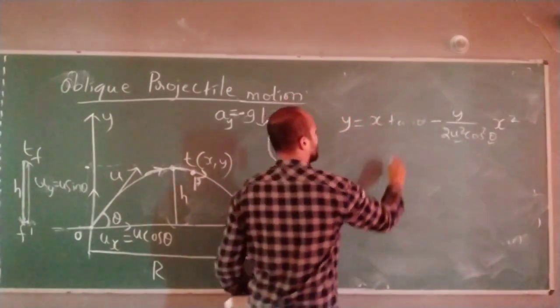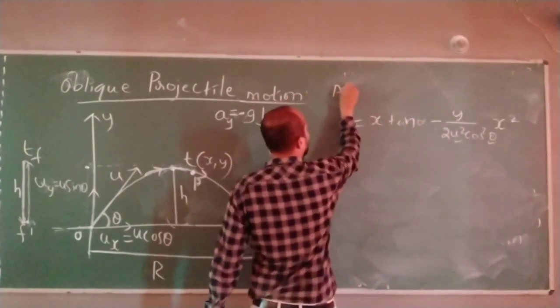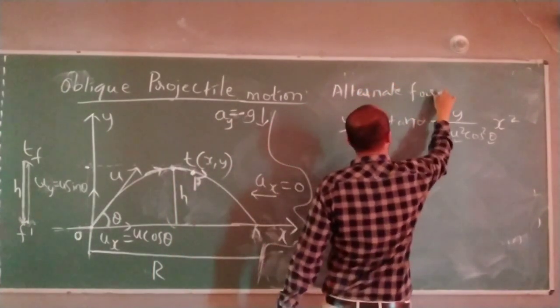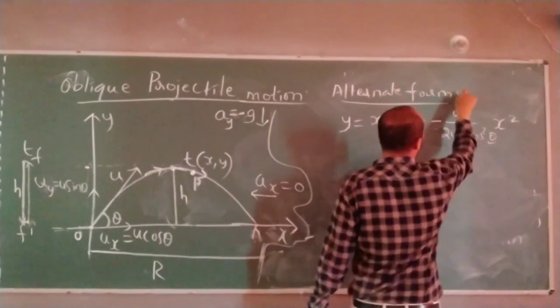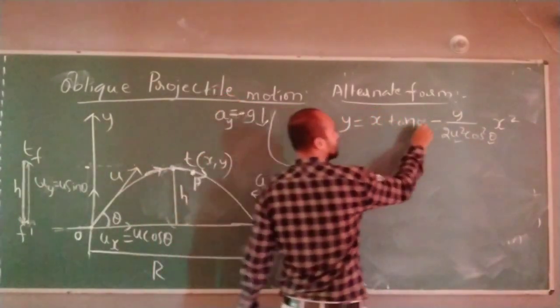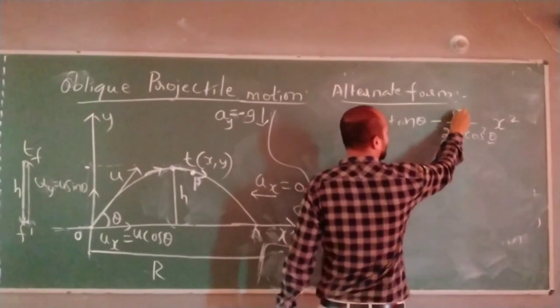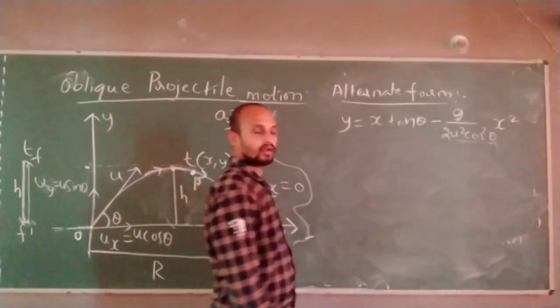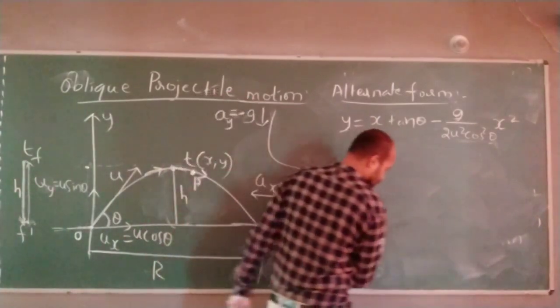This is one format. Another form of writing is also possible, which will help you in solving numericals. y is equal to x tan theta minus g divided by 2u square cos square theta into x square. Correct, no?